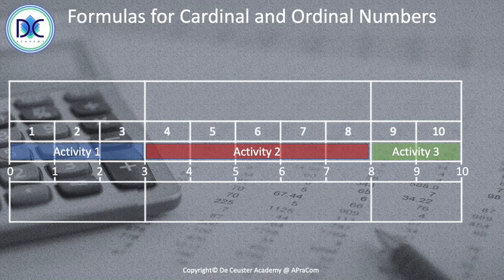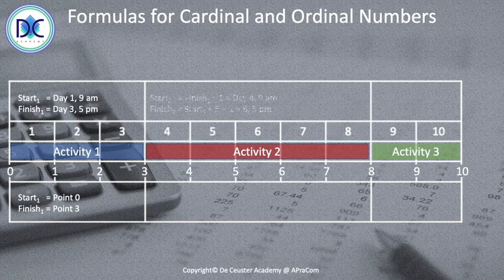Activity 1 starts on day 1, for example, at 9 a.m., and the finish of activity 1 is the 3rd at 5 p.m. We assume that the working day is going from 9 in the morning till 5 in the evening. When we use the cardinal number, then activity 1 starts in the point 0 and finishes in the point 3, because it's 3 periods, 3 days, let's say.